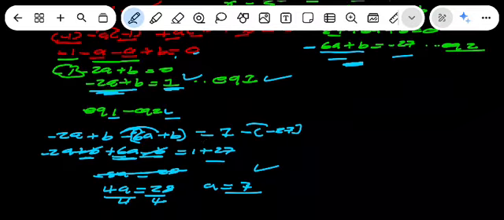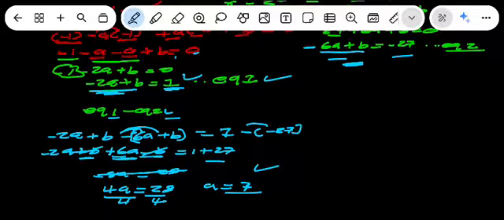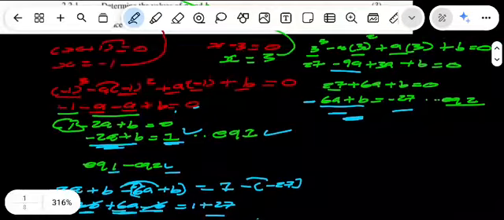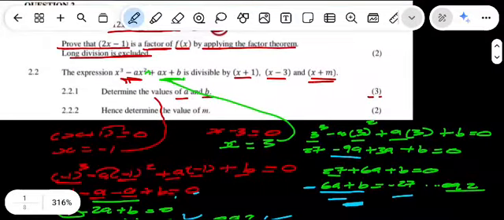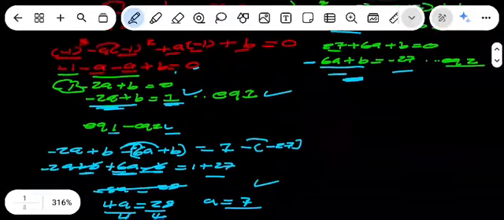We can substitute to any equation so that we can obtain what? B. Which one will be simpler? I want to obtain the value of this guy. We can find the value of b.